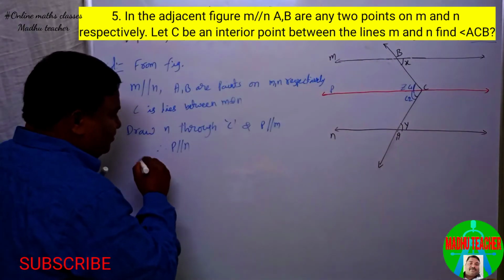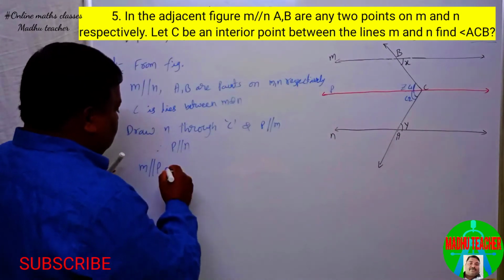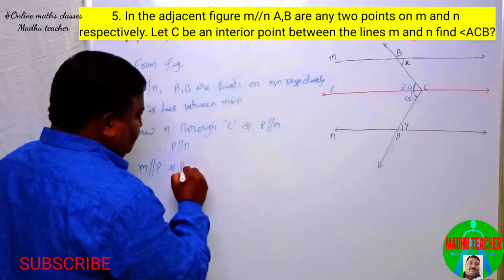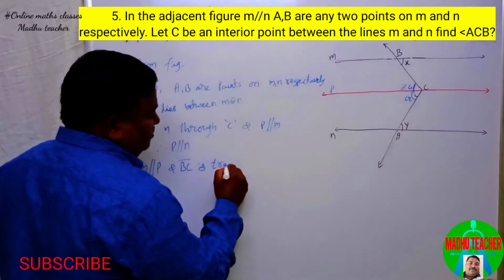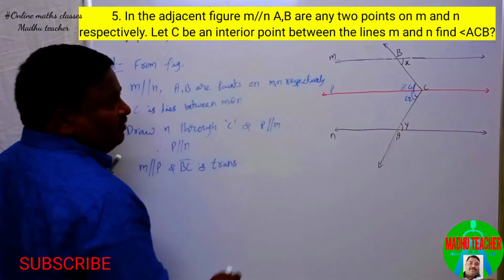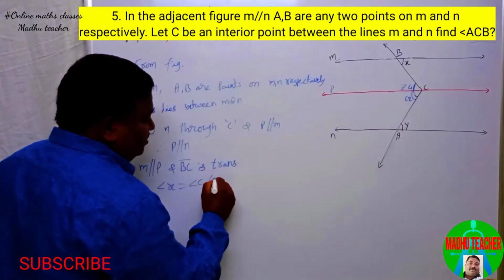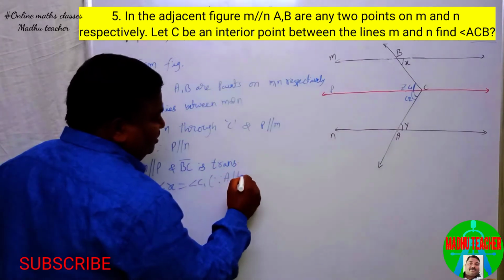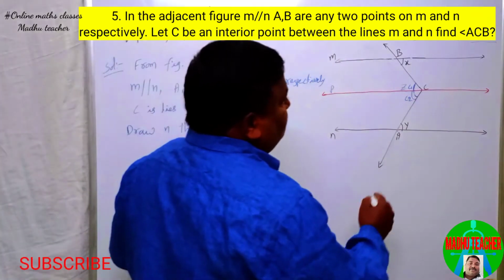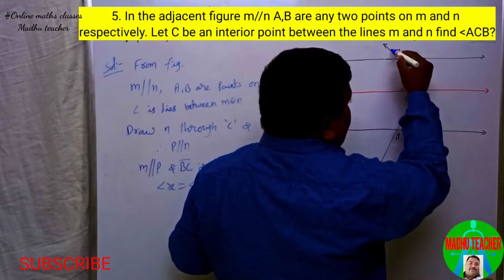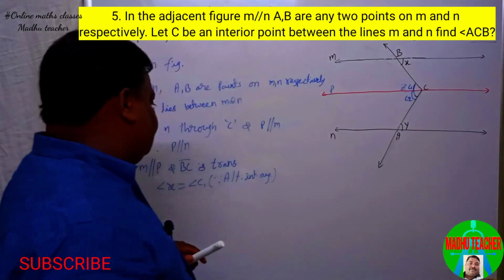Here M is parallel to P and BC is the transversal. Therefore angle X equals angle C1, since they are alternate interior angles. Observe that these two are parallel and this is the transversal, therefore these two are alternate interior angles.